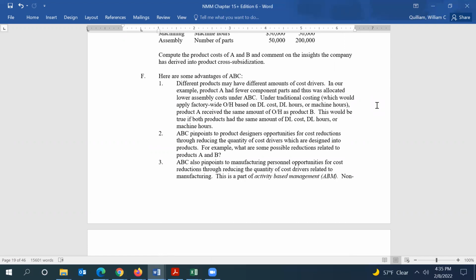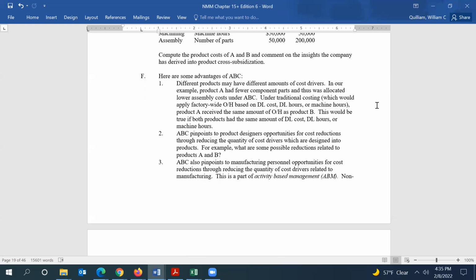Well, ABC also pinpoints to product designers opportunities for cost reductions through reducing the quantity of cost drivers which are designed into products. For example, what are some possible reductions related to products A and B? One really stands out, and that's the number of parts. B has more parts.